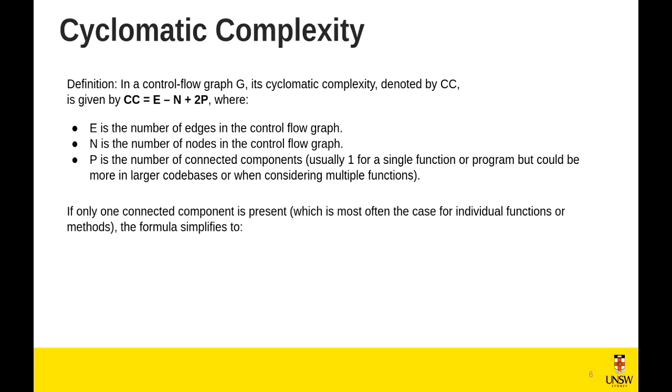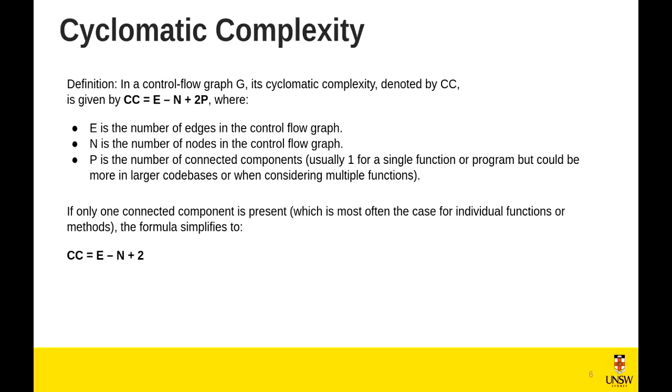So with only one connected component, the cyclomatic complexity equals the number of edges minus the number of nodes plus 2.